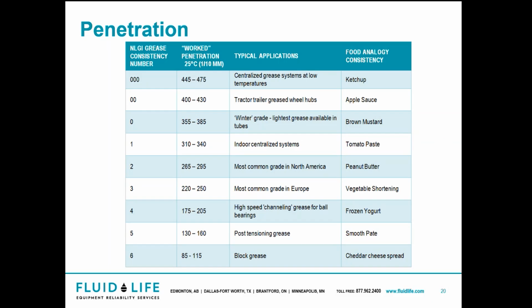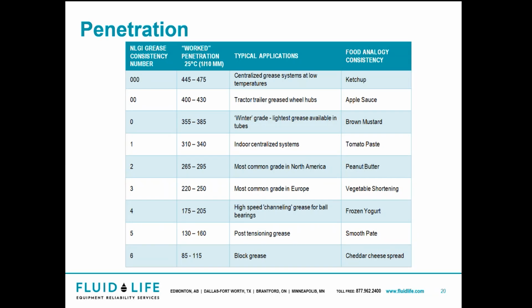I like to use food analogies in my training, and that's why I have these food analogy consistencies. If you put it between your fingers and rub it, it may have a consistency close to peanut butter. Now, I don't suggest tasting it to see if it tastes the same as peanut butter. Looking at these other ones, you could see how something like a centralized lube system would be almost like an applesauce or a ketchup.